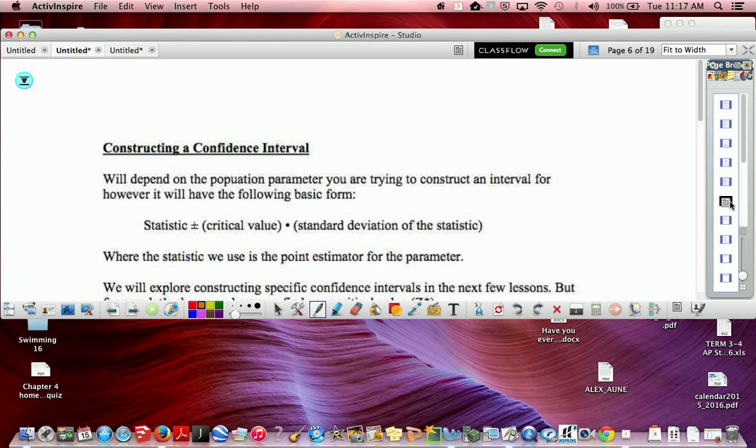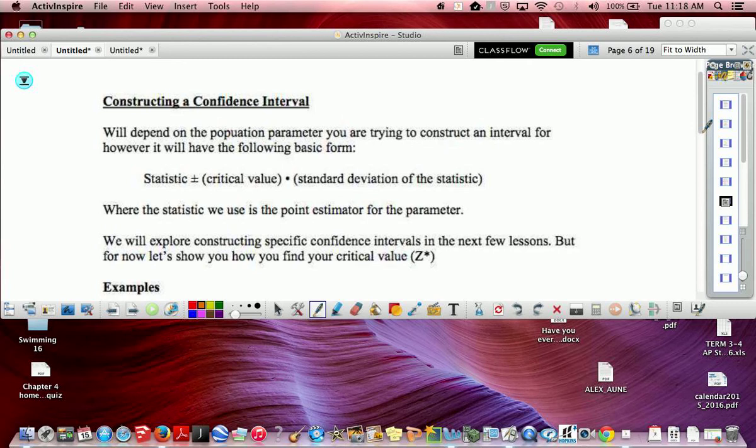Constructing your confidence interval will depend on a few things. The first thing is what parameter you're trying to construct the interval for. However, what's really nice about confidence intervals is that they have the same basic structure.